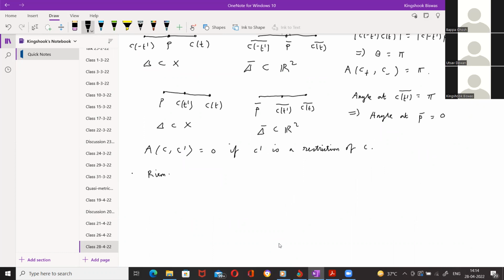So the Riemannian angle in a manifold is an angle function.